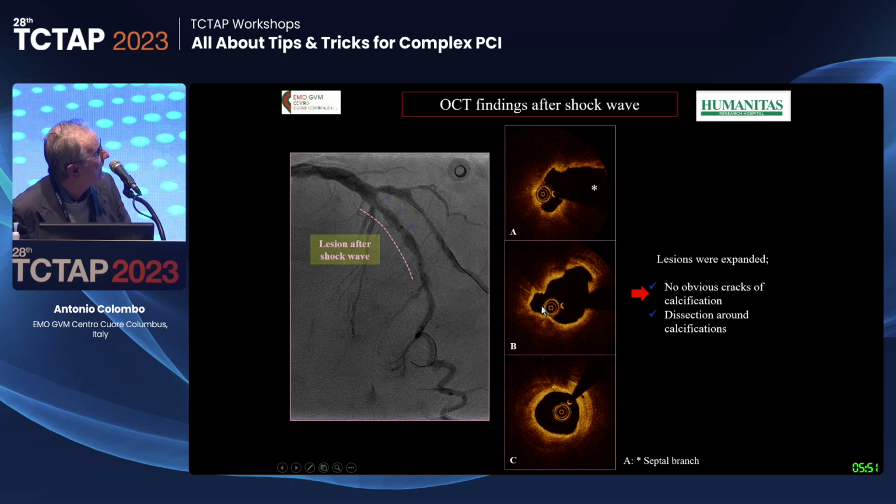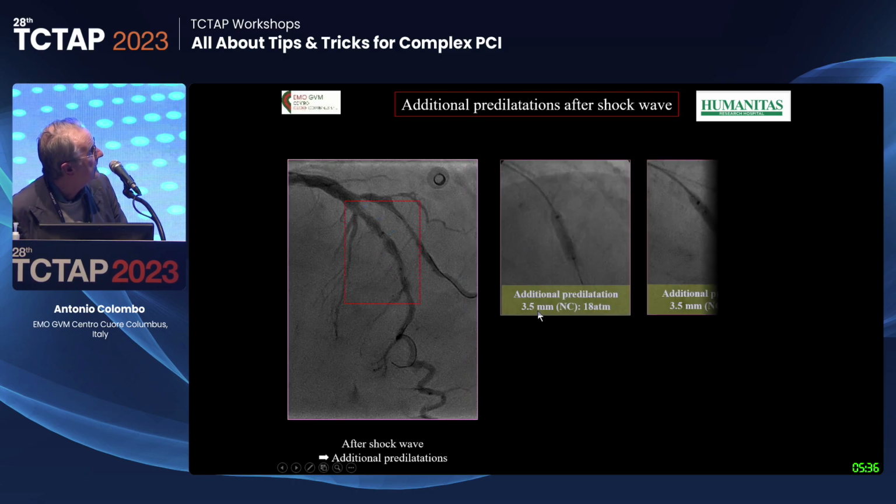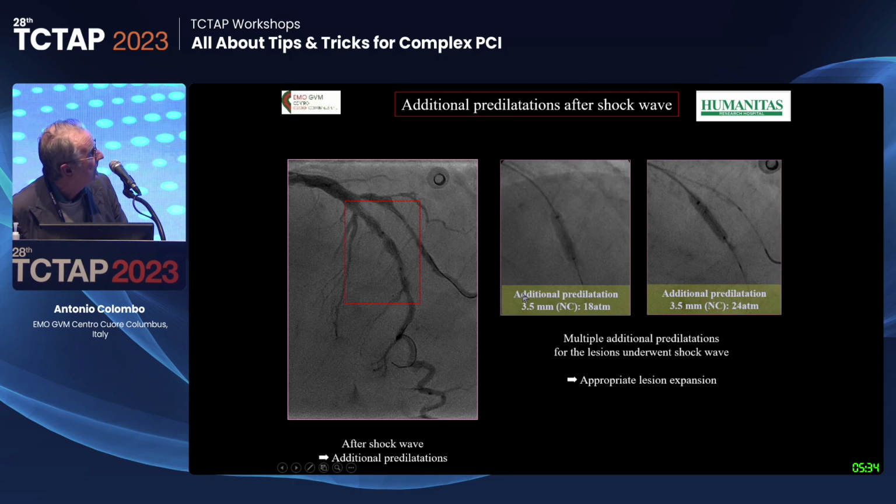You see there are some cracks, but not so evident. In the picture, the ad showed it's really clear that the dish, the plate, is not broken. You may need some additional help. It doesn't mean that the Shockwave has not worked.